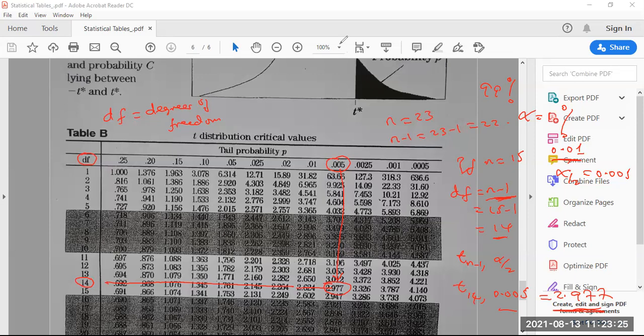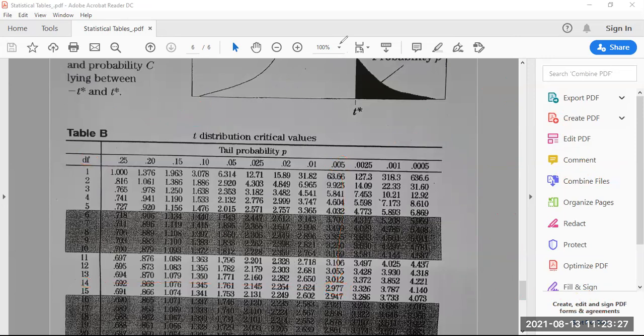If the situation requires you to use the student's t distribution table, then the first column is the degrees of freedom. Then the first row here will give us the different values of probabilities, that's the levels of significance. So we shall not dwell much on that.